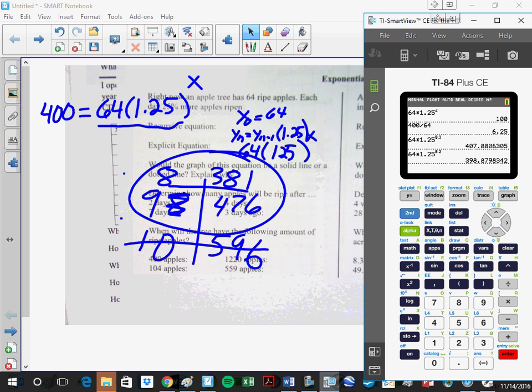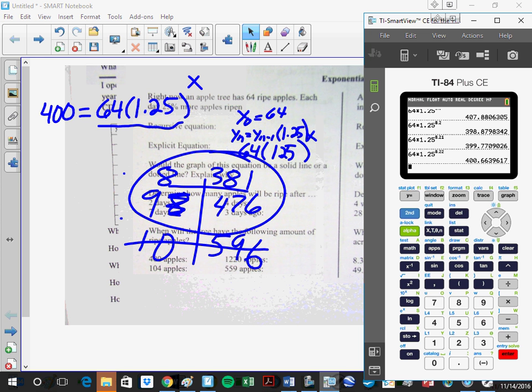We need it to say 400 point something. So 8.21, not quite enough. 8.22, there we go. That's close enough. Now, Jimmy, yours is probably more accurate. But as long as you get 400 point something, you'll be okay.